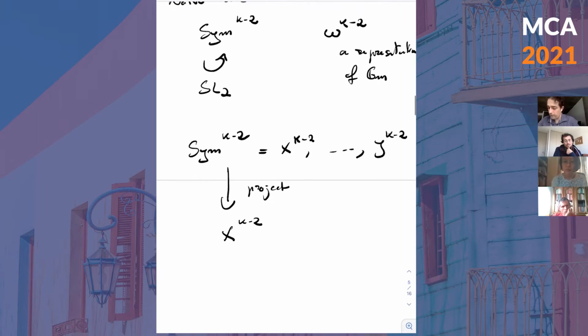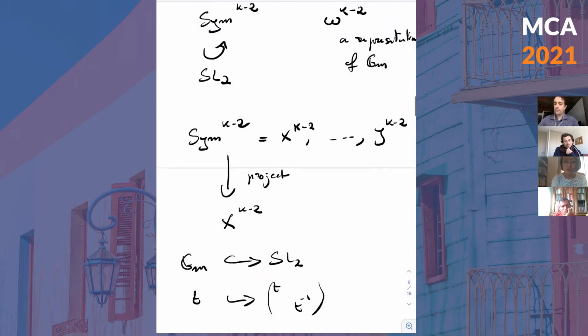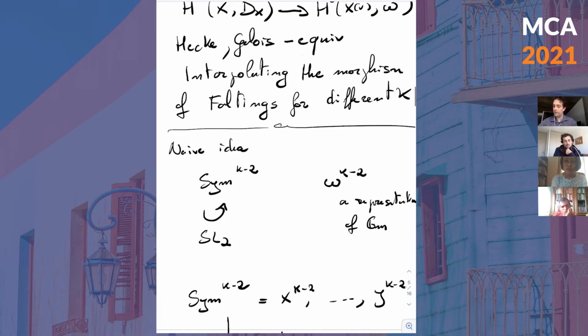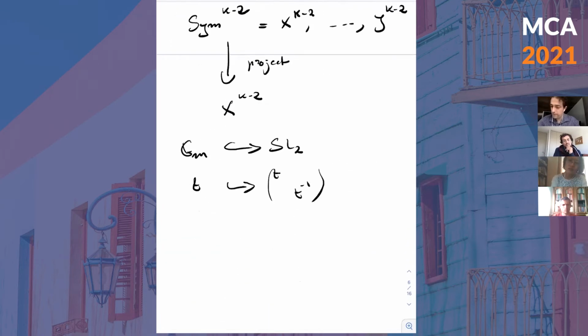And if I look at G_m inside SL2, I have my t, it is mapped into t^(-1). Somehow this is what should give me an explanation why I have this type of map, because I have something here and I can project on this eigenspace vector that behaves a bit like a weight k minus 2. The things are not so easy because, let me write it in red.